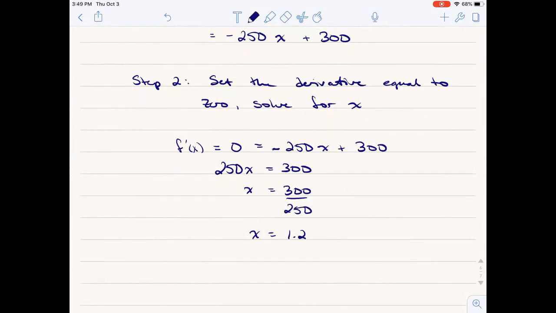So now we know that when x is 1.2, that function will be maximized, but we want to maximize the function, so we have to use x equals 1.2 in the original f of x.